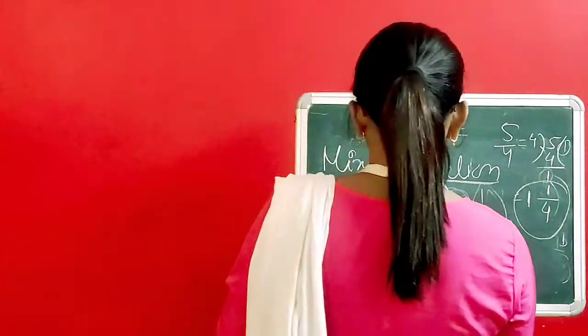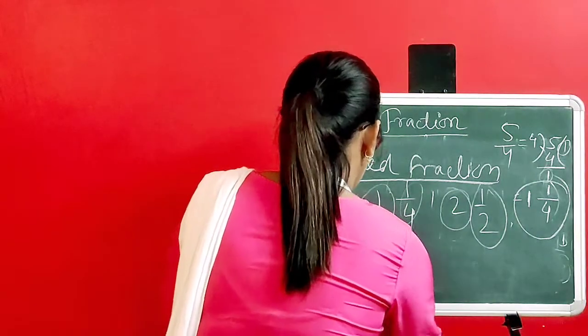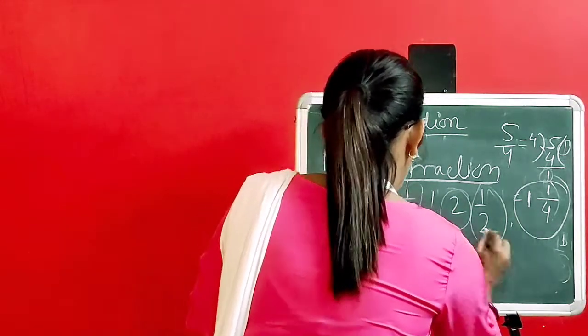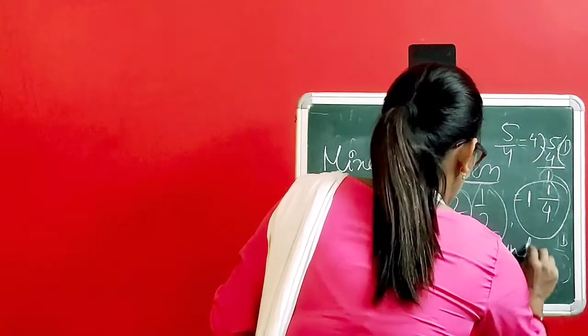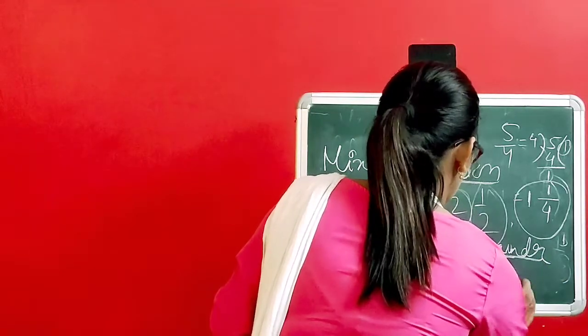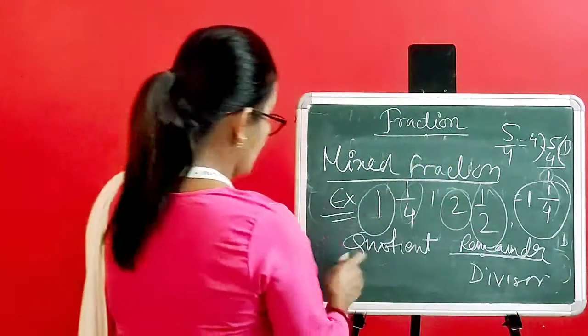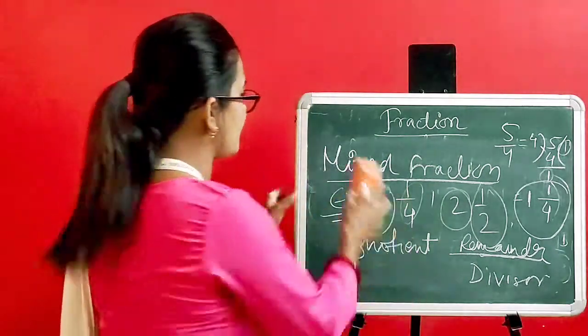The formula to represent a mixed fraction is quotient, remainder, and then divisor. So this is the formula to express a mixed fraction.